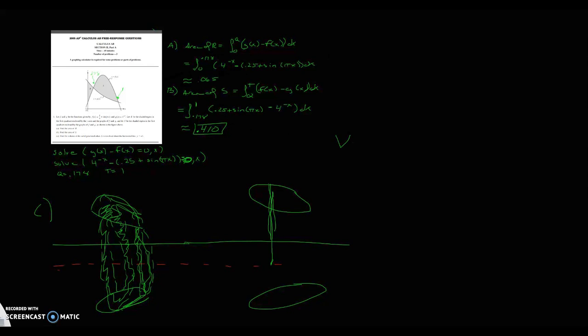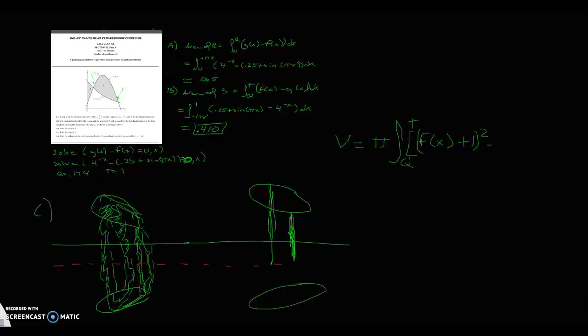So volume is going to equal pi, integral from Q to T, f of x plus 1, quantity squared, minus, now we need to find the area of g of x, which would be this area over here.